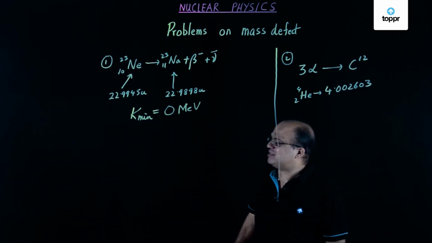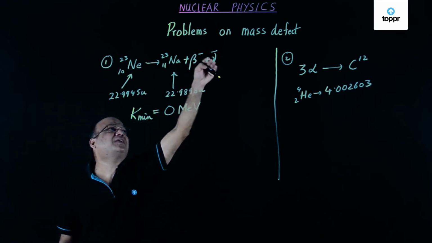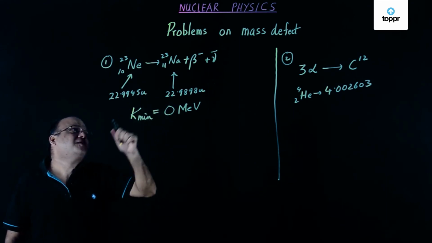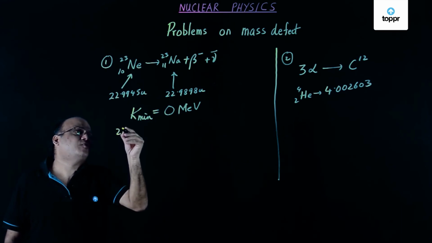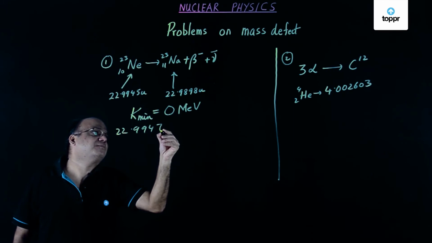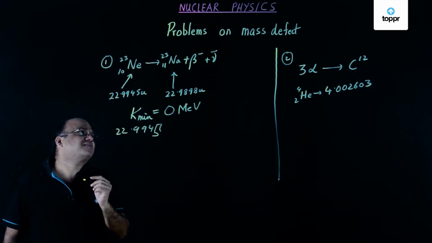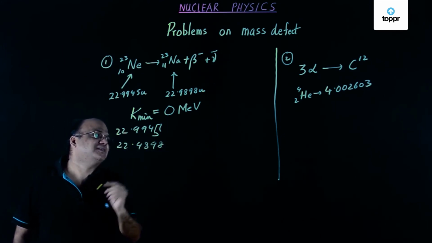Maximum kinetic energy we'll get from mass defect. The mass of these two we can forget, they are very, very small. So mass defect we'll get by subtracting this from this: 22.9945 minus 22.9898. So what do you get?